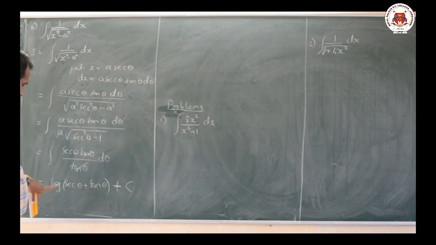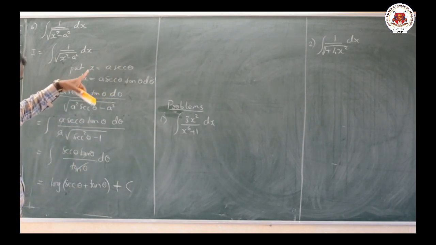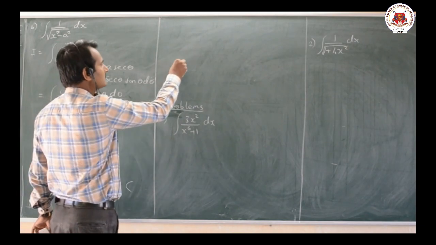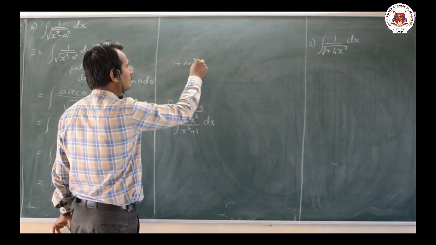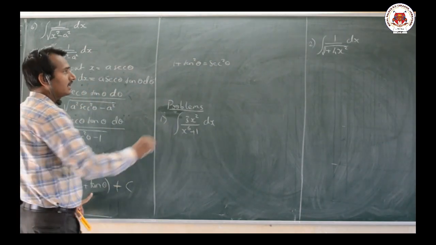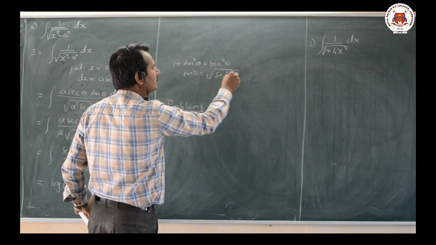Now here I have to substitute both the values. Secant theta becomes x by a. Then let us see what we can substitute for tan theta. 1 plus tan square theta is secant square theta, so tan theta is equal to root of secant square theta minus 1.